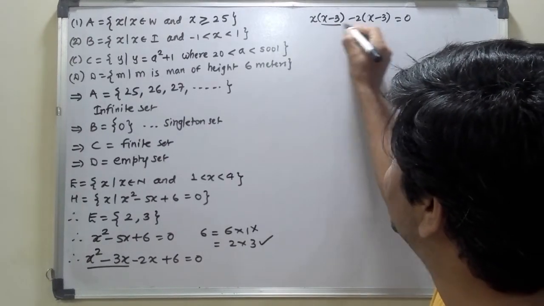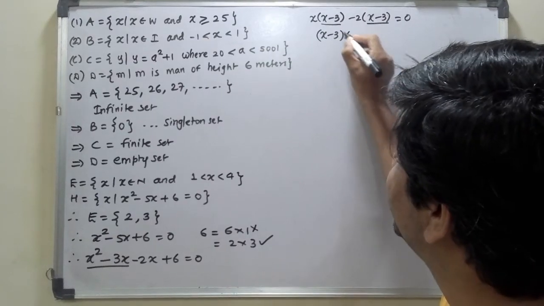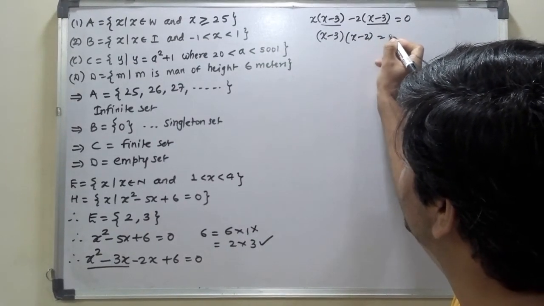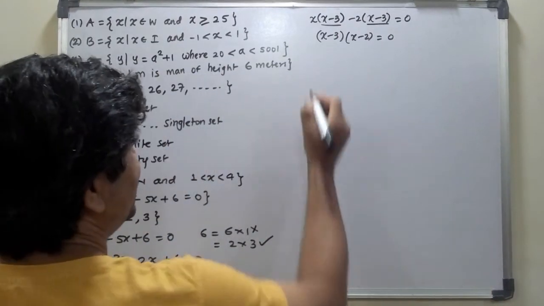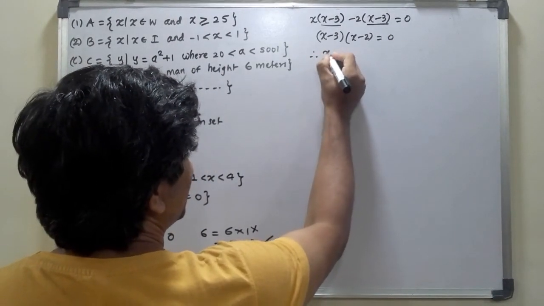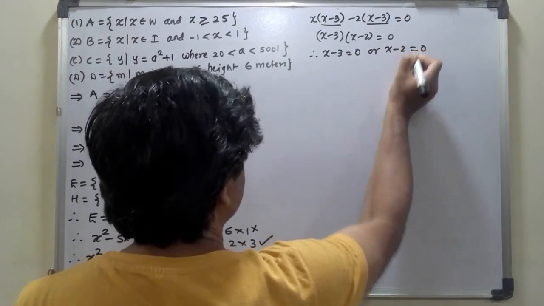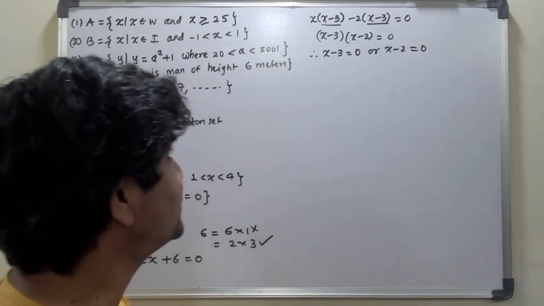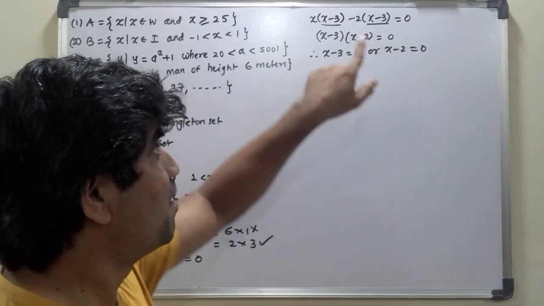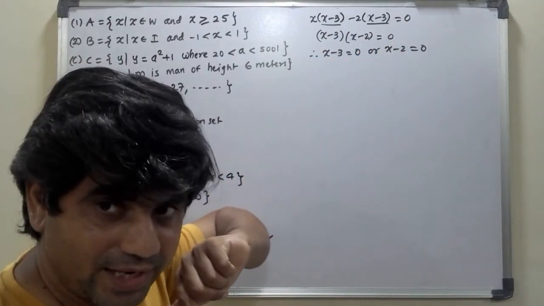Right? So now this is again common. You have studied all these things earlier. x minus 3 and second is x minus 2 is equal to 0, right? So obviously I get here that x minus 3 is 0 or x minus 2 is equal to 0. Let me explain this thing. One bracket multiplied by another bracket is 0, right?